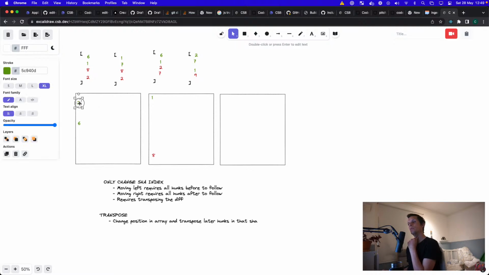So what this basically means is, as I said, it's like additions. If you have a hunk that only has additions, that's safe to move. And you have to transpose the thing you move into on later hunks, but it doesn't matter. If I move out of this one, it means that it needs to be transposed back. But that's okay.